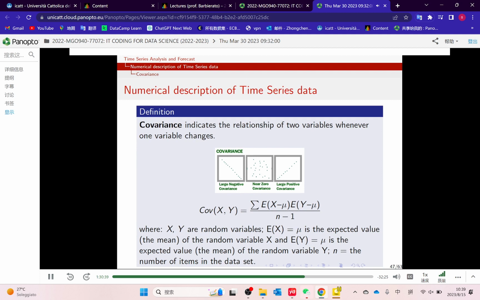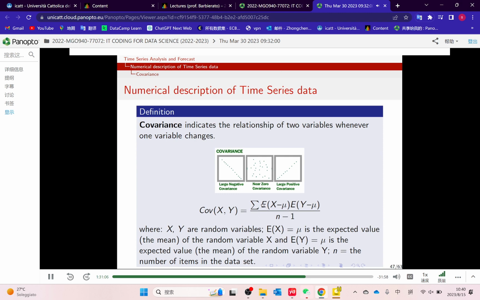What could be more interesting is the concept of covariance. Typically, the covariance intervenes when you want to compare two quantities, and these two quantities are statistically described by random variables, x and y. So the covariance is calculated in this way.